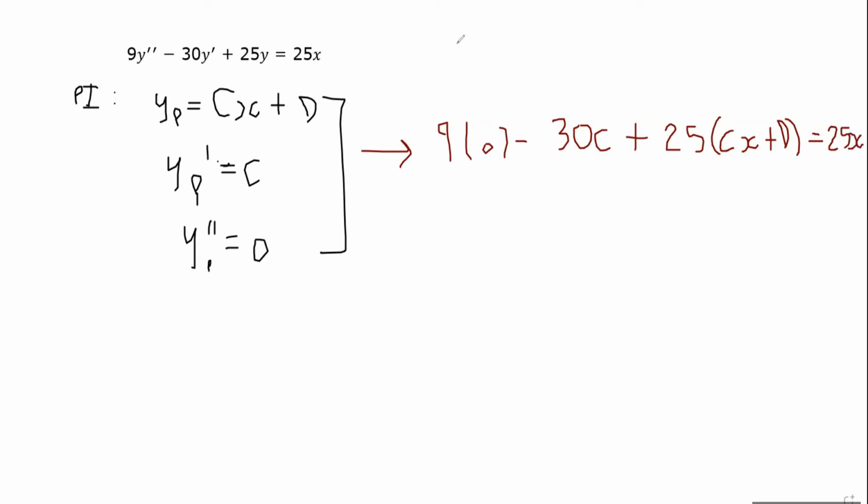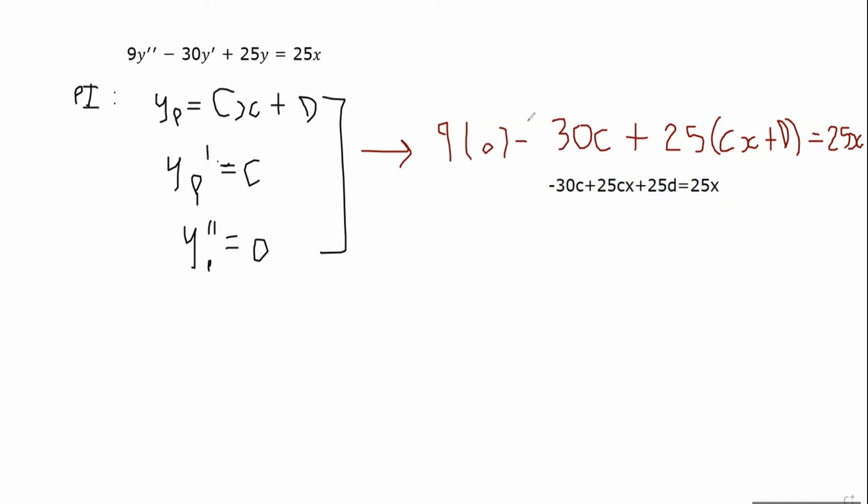Solving this, we get minus 30c plus 25cx plus 25d is equal to 25x.